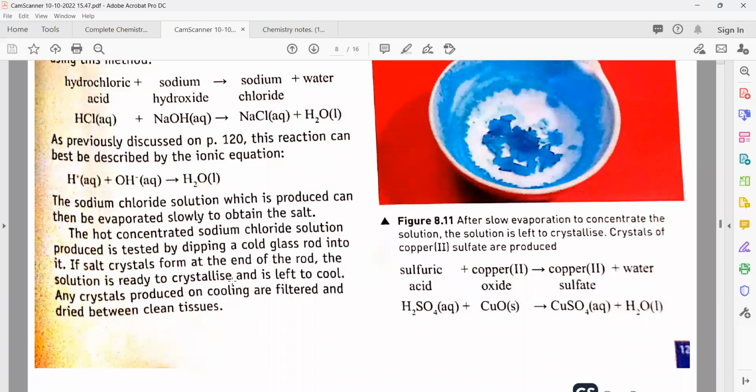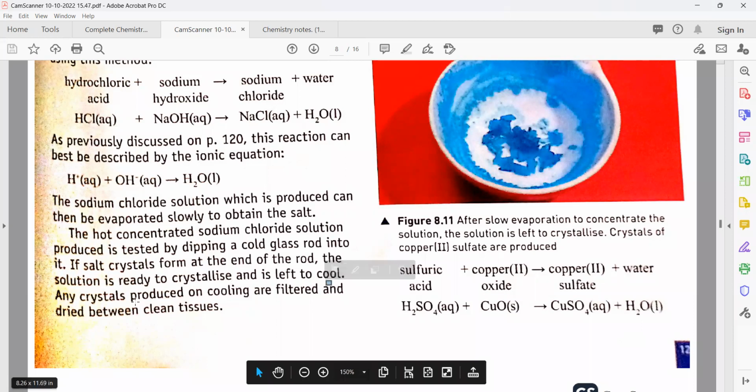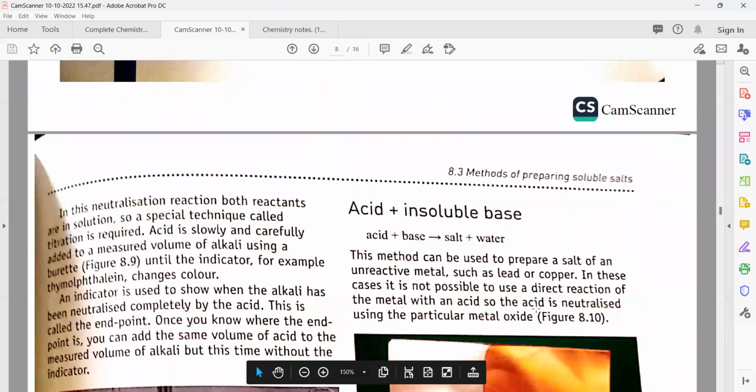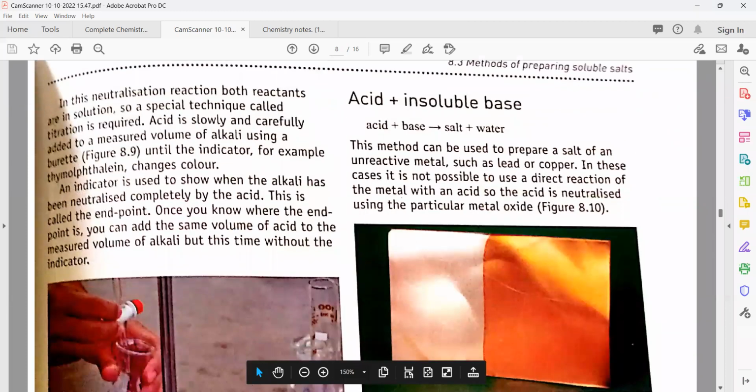Before you make crystals, you dip the cold glass rod in the solution, and after taking it out, if the crystals are there, this solution is ready to crystallize and is left to cool. Crystals produced on cooling are filtered and dried between clean tissue. So after making, you just dry them and you can use them, or you can strip them out from the solution on a filter paper.